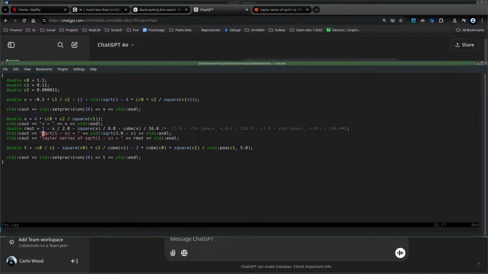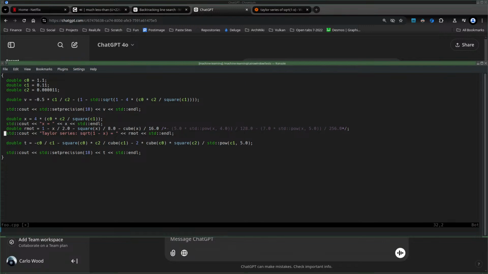Okay, and then I'm gonna do 1 minus that. And then we do the Taylor series. Actually, I don't need to print this anymore. And Taylor series is now given.